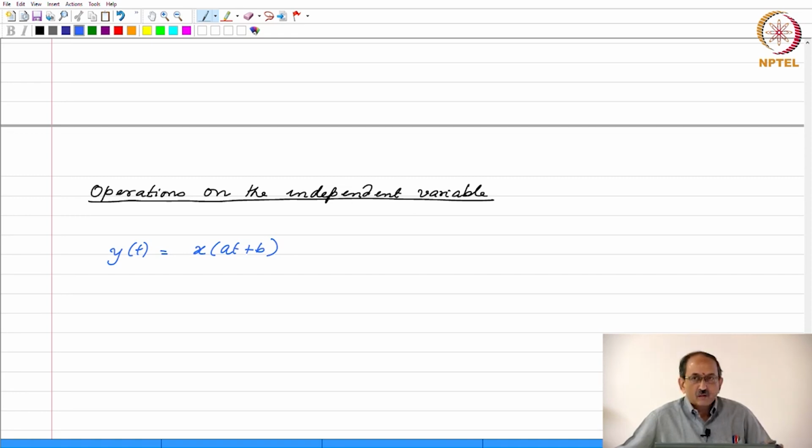And there are other possibilities of transforming the independent variable other than affine. There is what is called the Mellin transform, and you can compute the Mellin transform by replacing t by e power t.